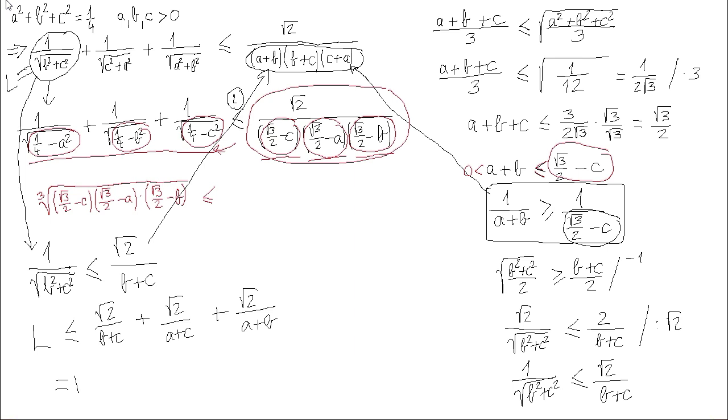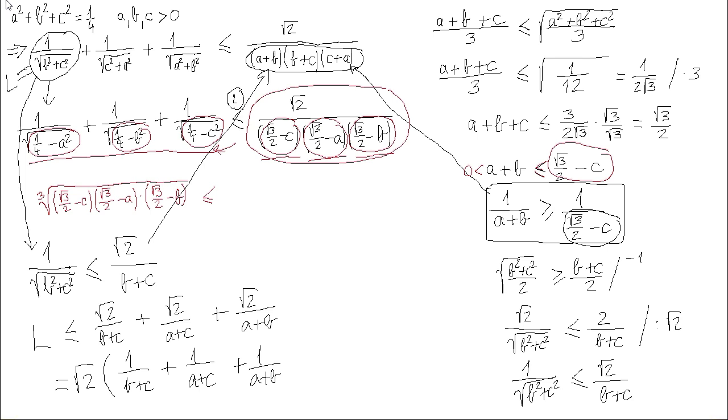So altogether it is square root of 2 times 1 over b plus c plus 1 over a plus c plus 1 over a plus b.